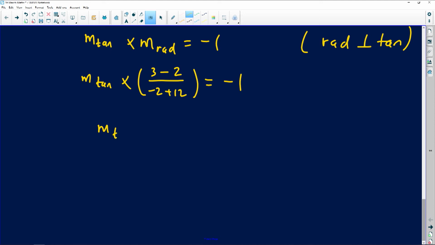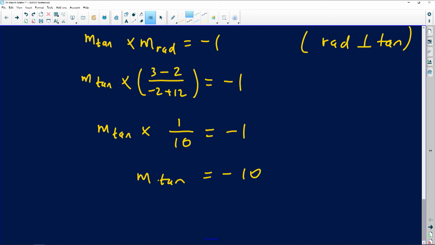You're looking at the gradient of the tangent multiplied by 1 over 12 minus 2, which is simply 10, must give you -1. Sorry, -1, not -10. So the gradient of the tangent multiplied by 1/10 is equal to -1. If you multiply both sides by 10, the gradient of the tangent is just going to come out as -10.